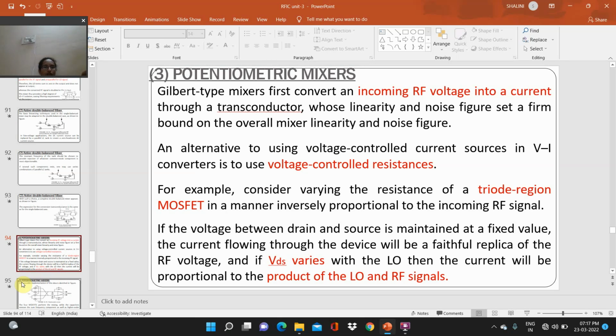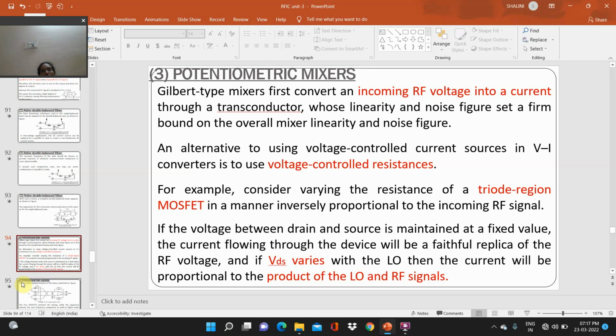An alternative to using a voltage controlled current source in V-I converters is to use a voltage controlled resistance. For example, consider varying the resistance of a triode region MOSFET in a manner inversely proportional to the incoming RF signal.